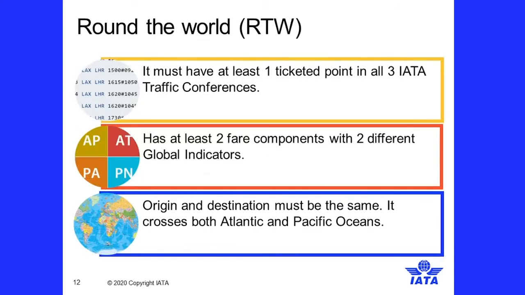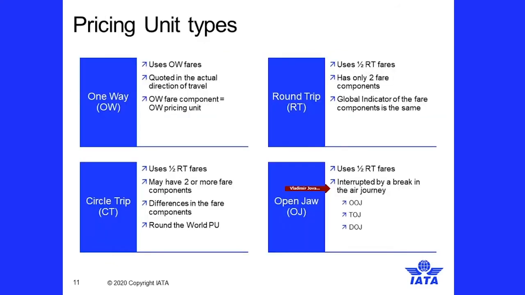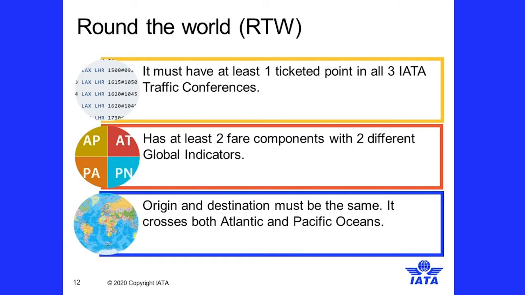The around the world. As for the pricing unit, we said it's a part of the circle trip pricing unit system. It must cross both the Pacific and Atlantic Ocean, and it's important when considering the routing as a pricing unit of the around the world, which is again part of the circle trip.